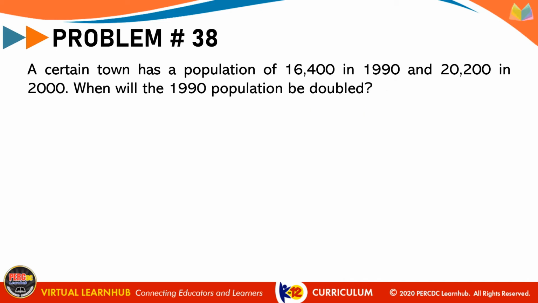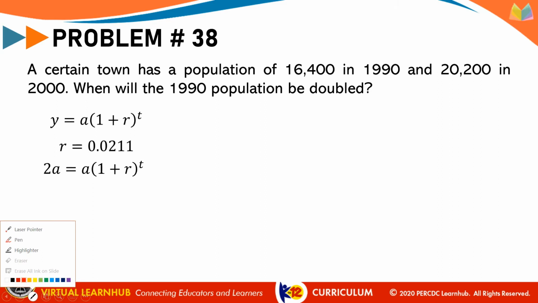Now that we have our value of r, we can proceed to our general formula. So r equals 0.0211. And our future amount, since the question is asking for when the population in 1990 will be doubled, the population will be 2A.